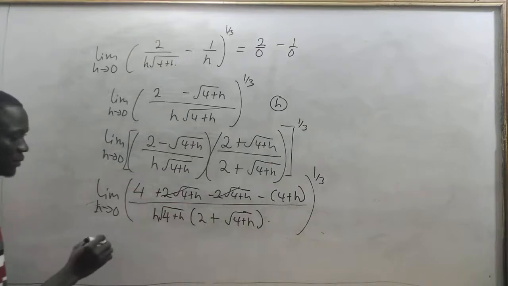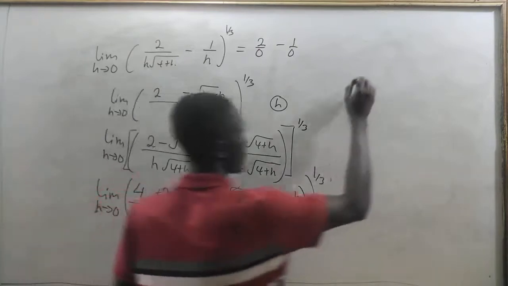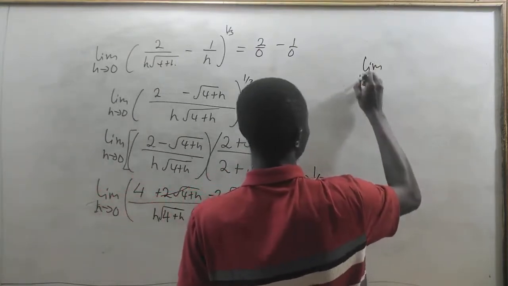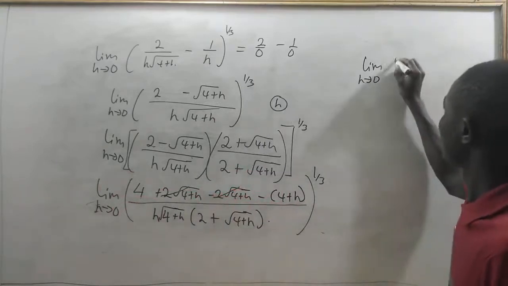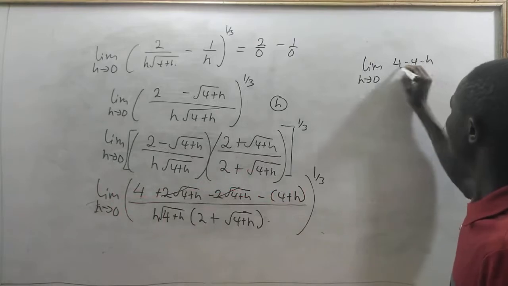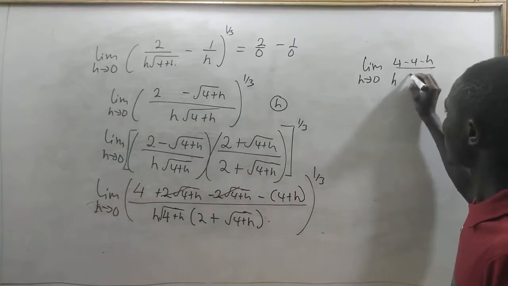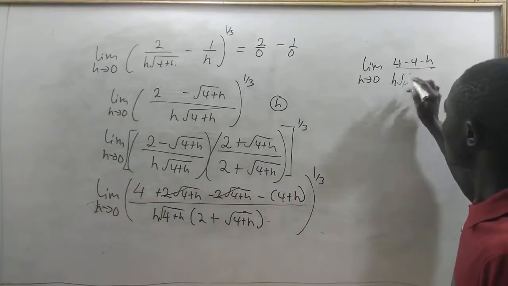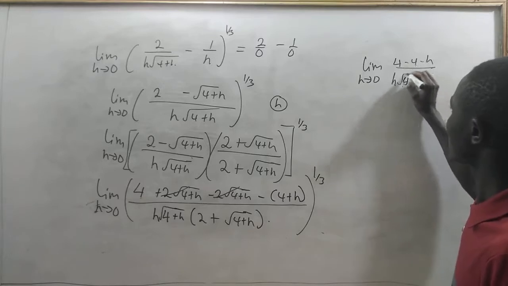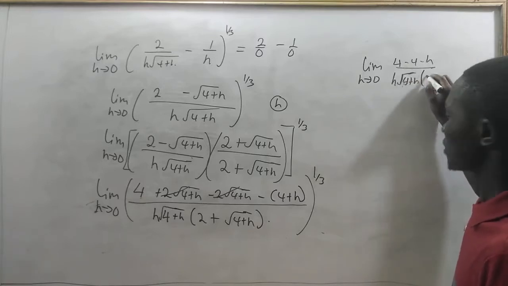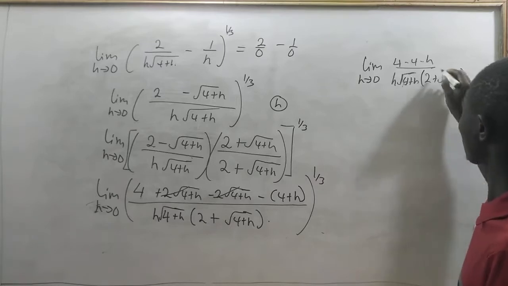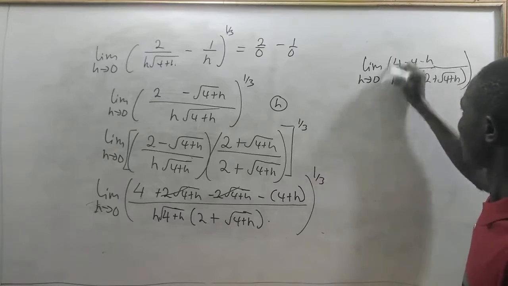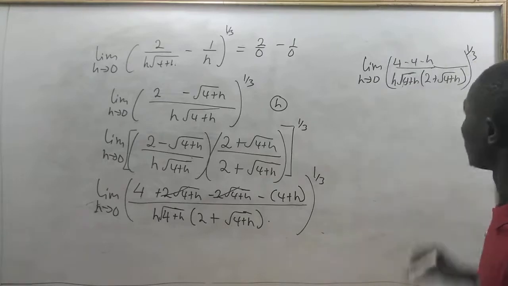So this one will become the limit as h approaches 0. Here we are going to have 4 minus 4 minus h all divided by h times square root of 4 plus h times 2 plus square root of 4 plus h, all to the power 1 out of 3.